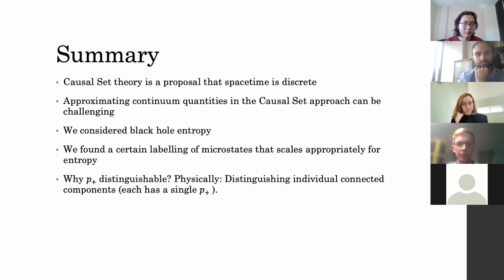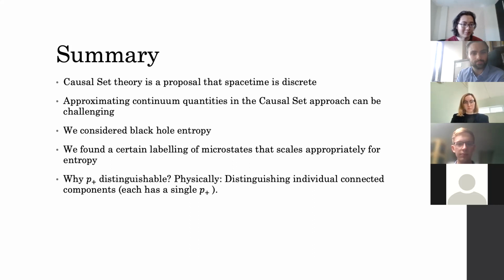To sum up, we started with causal set theory, which treats space-time as discrete, and because we're using horizon molecules to express the surface area of a black hole in units of the number of horizon molecules, this can be computationally challenging when the number of horizon molecules gets large.